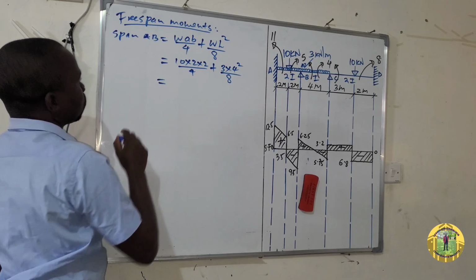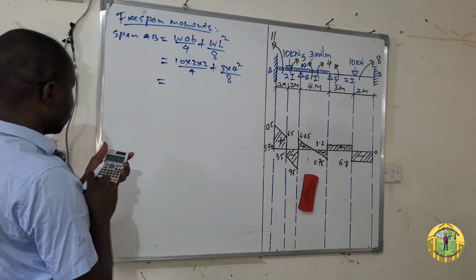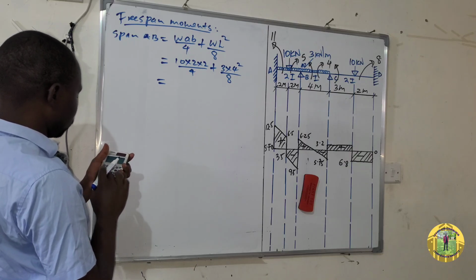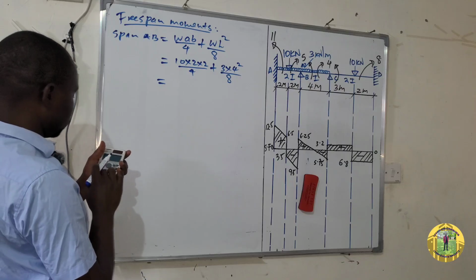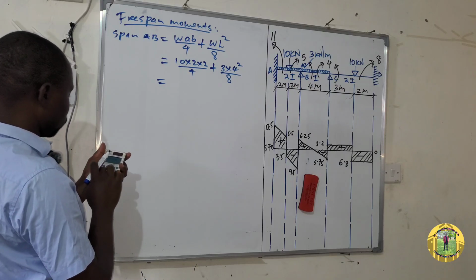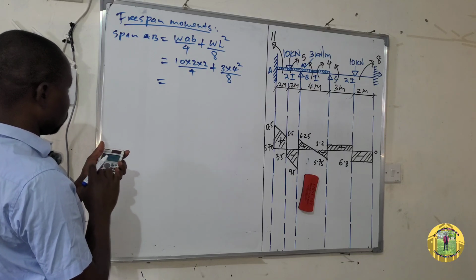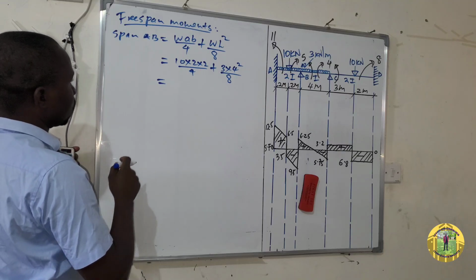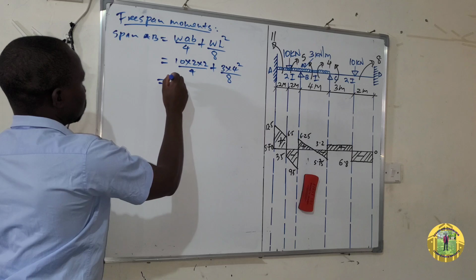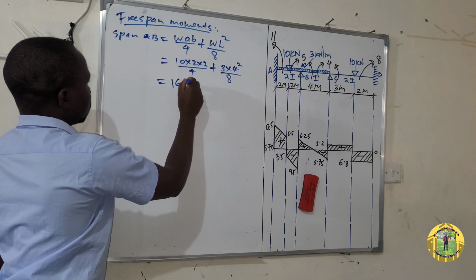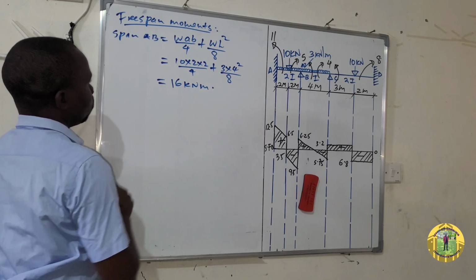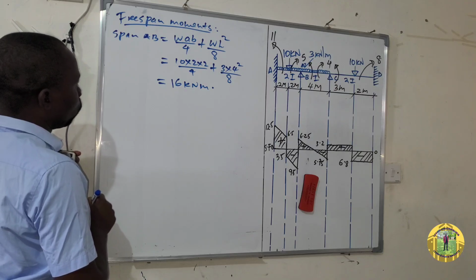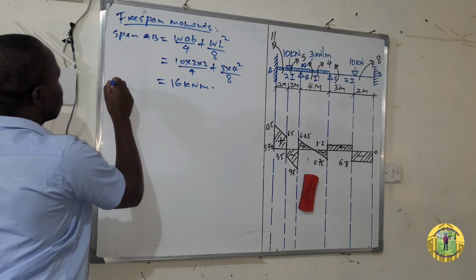So this is 10 times 4 all over 4 plus 3 times 4 square all over 8. So this one is 16 kilonewton meter.